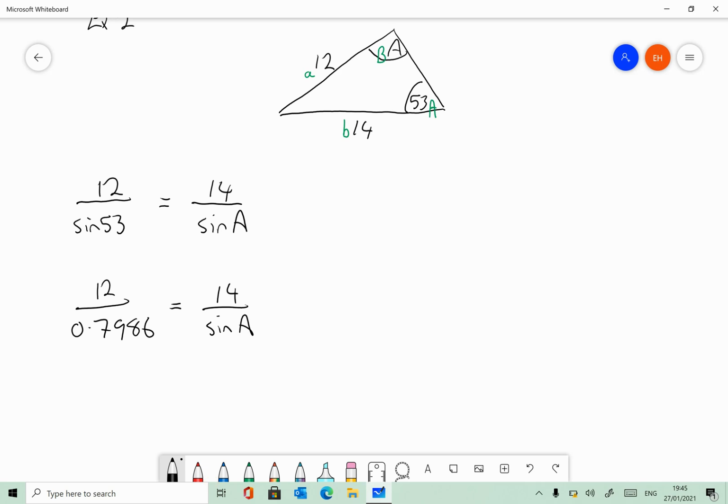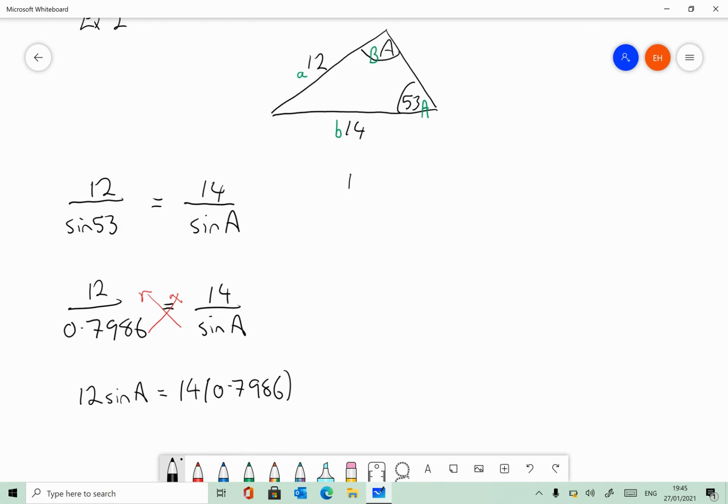Again, I have one fraction equaling one fraction, so I'm now allowed to cross multiply. So I write down 12 sine A is equal to 14 times 0.7986. I won't scroll down, I'll leave it up.